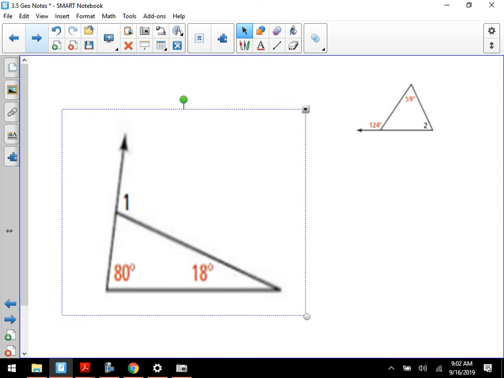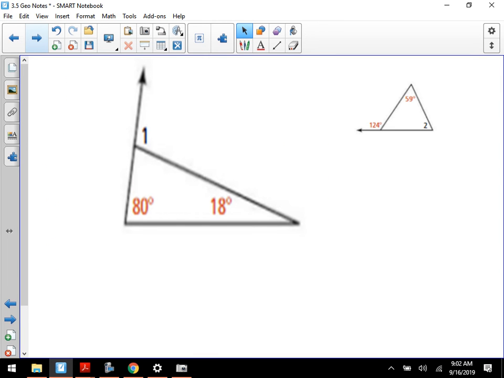So, if I'm looking at this one, angle 1 in this case, is that an outside or an inside angle? It's outside. So, if I'm an outside angle, I'm going to equal the sum of the two I don't touch.